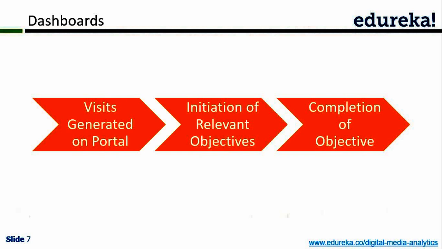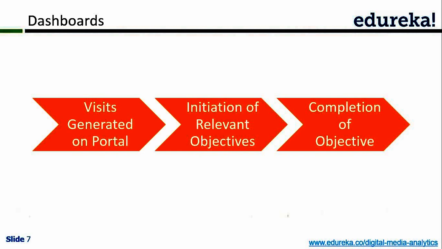Every dashboard will be focused on mainly these three things when it comes to digital media. First, visits generated on the portal: how many people are coming to your mobile app, and how many visits you're getting through external sources such as Facebook, LinkedIn, Google Ads, paper ads, direct traffic, and a lot of other things.